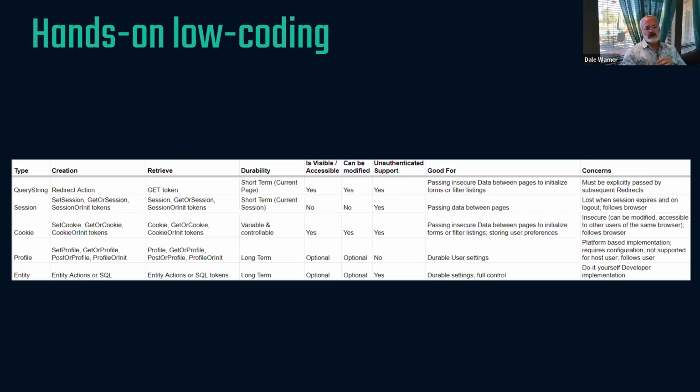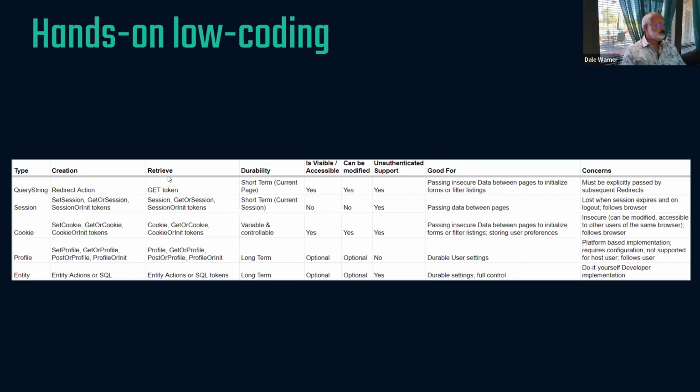So before they log in or after they log out, do you still have access to that thing? With all those combinations, there's a place where that particular method of maintaining session is good for things, and then there are concerns about it. We're going to explore all of these one by one.